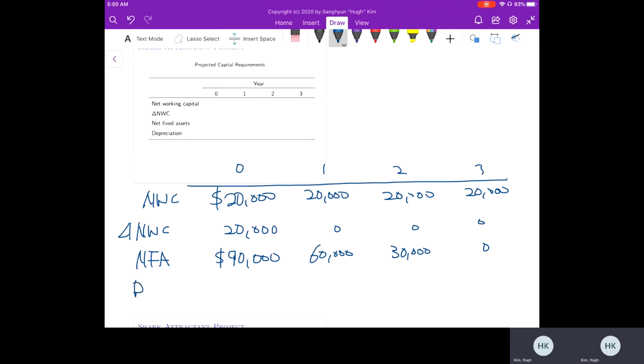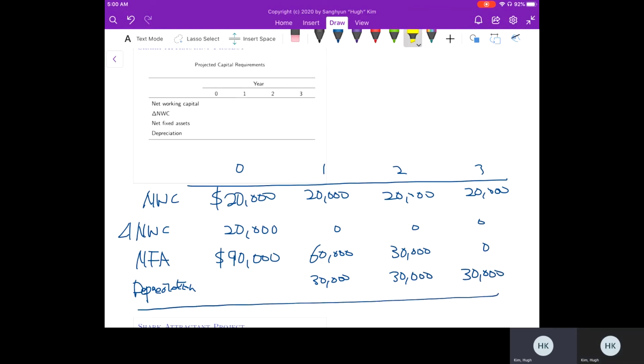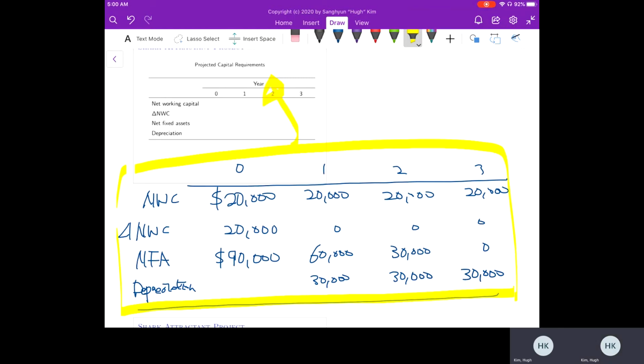And depreciation is 30,000 each year. So these are the capital requirements for the project.